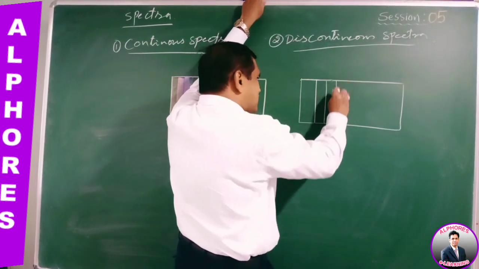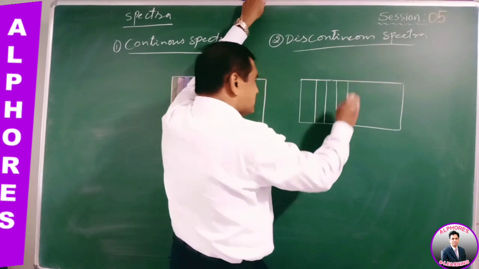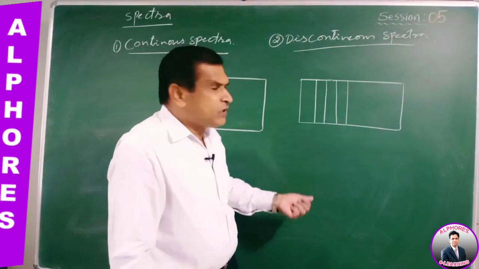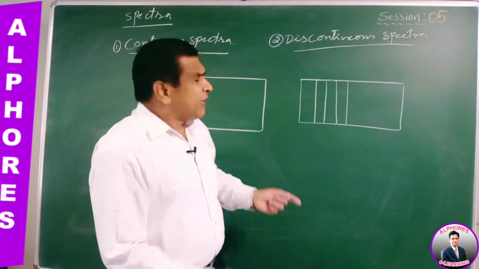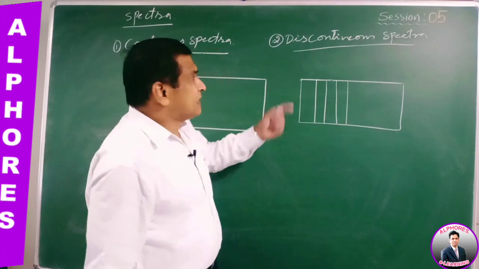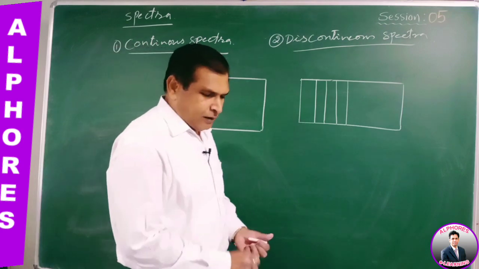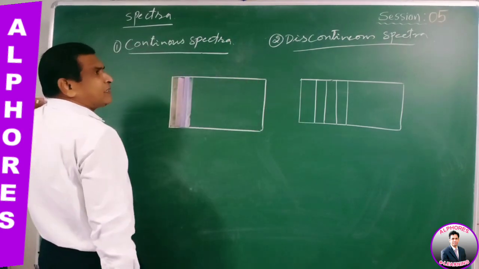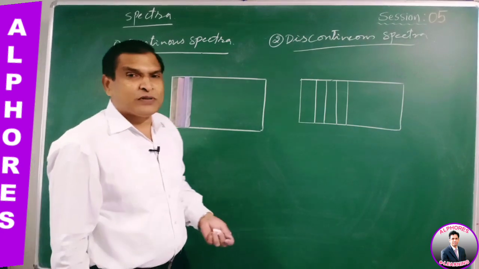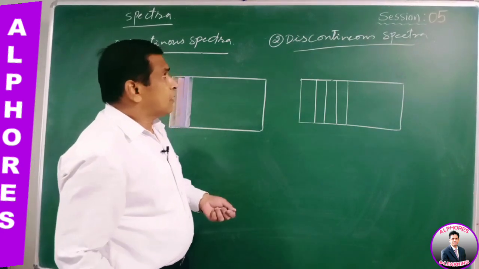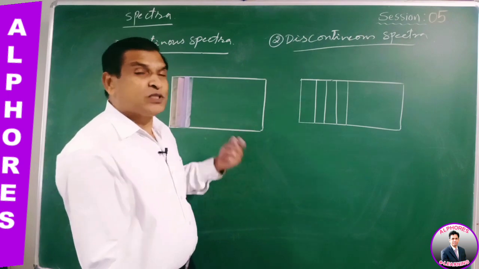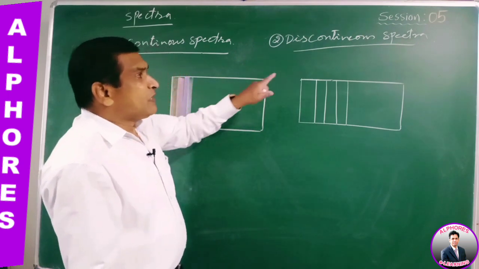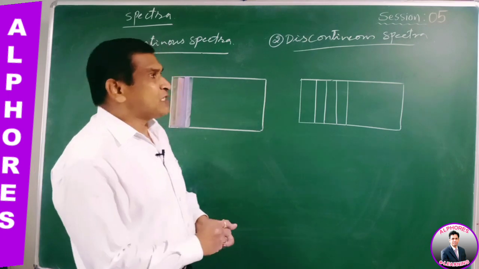That means the spectra in which the spectral lines are well defined with gaps is called discontinuous spectra. This is a simple definition to understand continuous and discontinuous spectra. The examples for discontinuous spectra are emission spectra and absorption spectra.